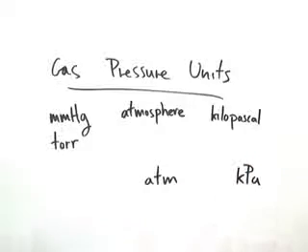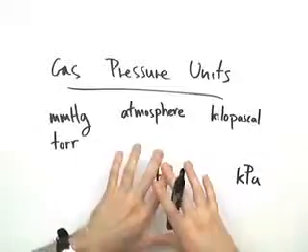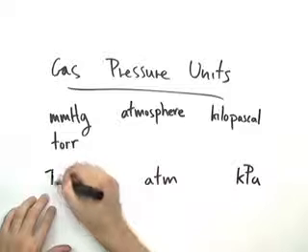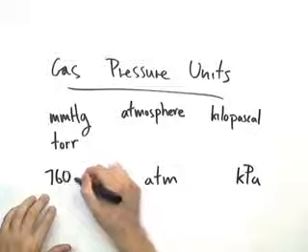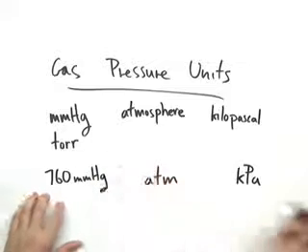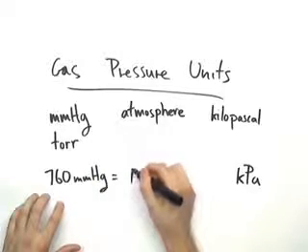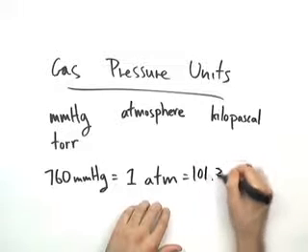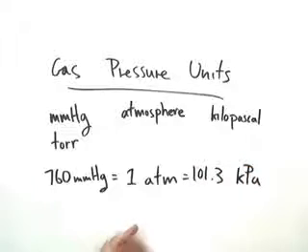In order to do mathematical conversion between these, we have to have some equation that explains how they all relate. So here that is. We can say that 760 millimeters of mercury, or 760 torr, equals 1 ATM, which equals 101.3 kilopascals. There are three different things in this equation, but don't let it confuse you.